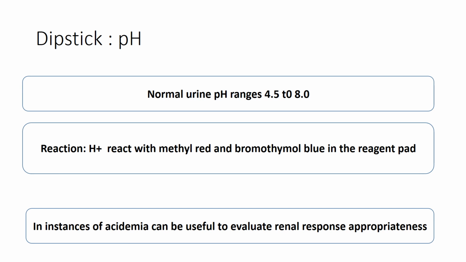This would be helpful in an instance where you have a patient with acidemia, and yet when you check their urine pH, you find that the pH is not acidic, they have a high pH. That would suggest the possibility of renal tubular acidosis, for example.